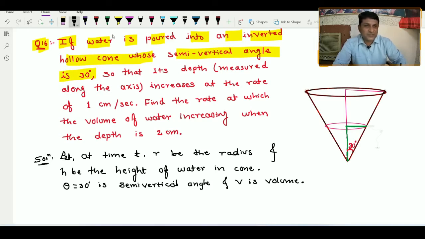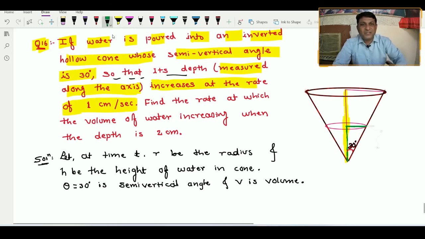Observe the second condition, so that its depth is measured along the axis. So this will be the axis here, the axis of symmetry.